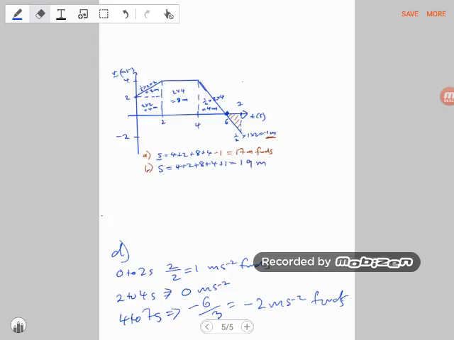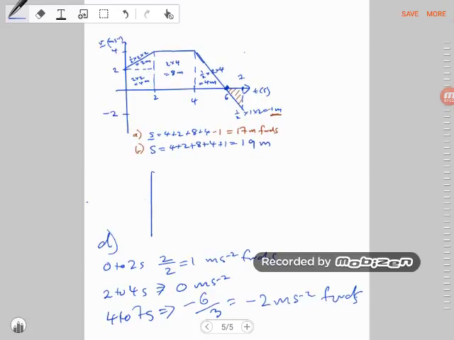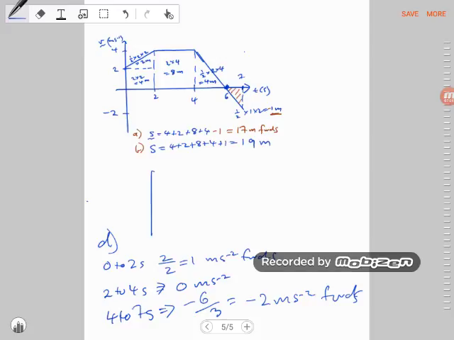Okay, so to get our graph, we're going to need some negative to this, so I'll put it like this. We've got time in seconds and acceleration in meters per second squared.